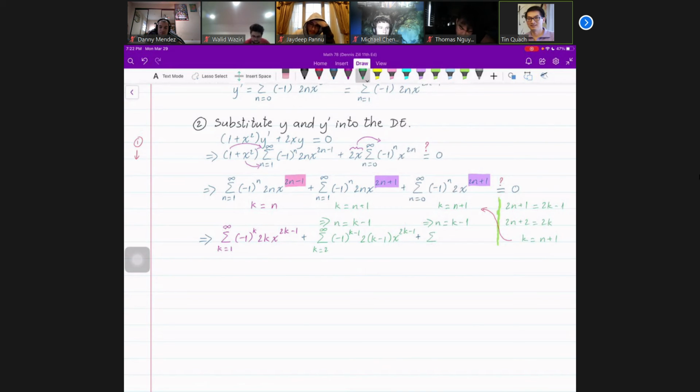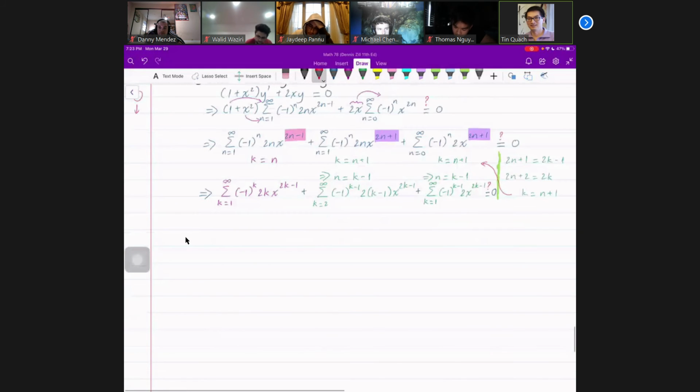So when n is 0, k is 1, k is 1 to infinity. Negative 1 to the n, so to the k minus 1, 2 x to the 2n plus 1, which is 2k minus 1, equals 0. So you want to know if that is equal to 0, right?